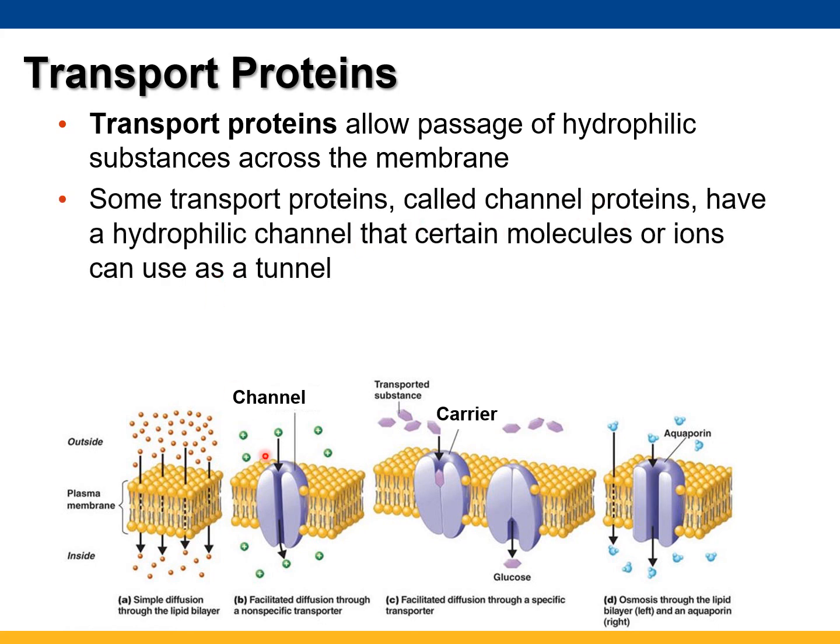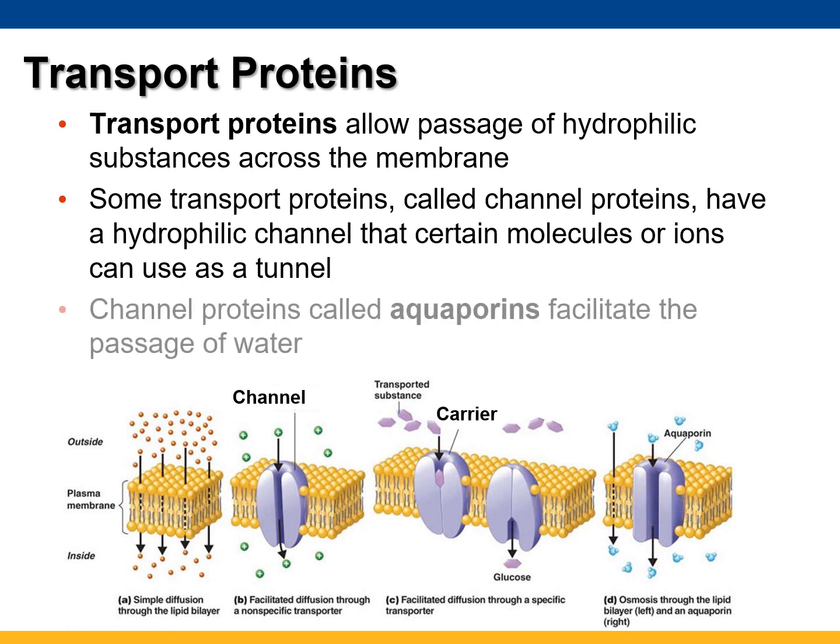So channel proteins are like protein tubes that allow, usually ions are the most common thing. One exception would be aquaporin. Aquaporin is a type of protein channel that facilitates water equilibration, water diffusion, osmosis. Water diffusion is osmosis, so we can move ions with channels, very, very small molecules.